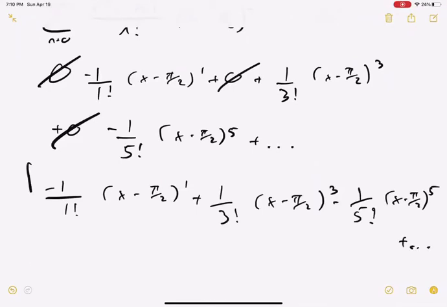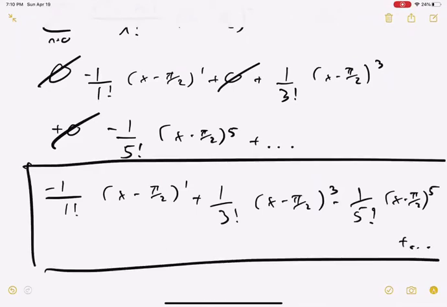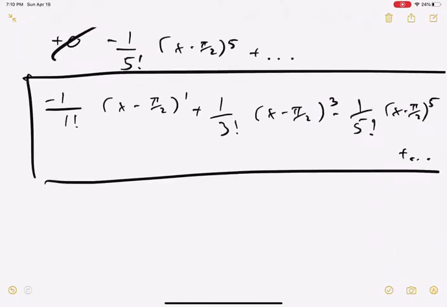Okay, so I get these. Can I write this as a series? I can spot a pattern pretty easily, right? Look at the numerators of our fractions. I got negative 1, positive 1, negative 1. So that's going to be an alternating sign.